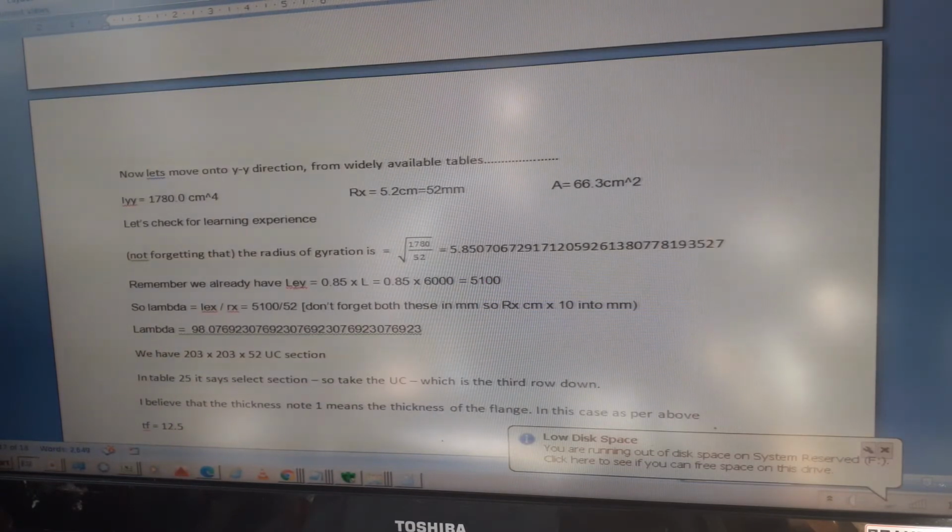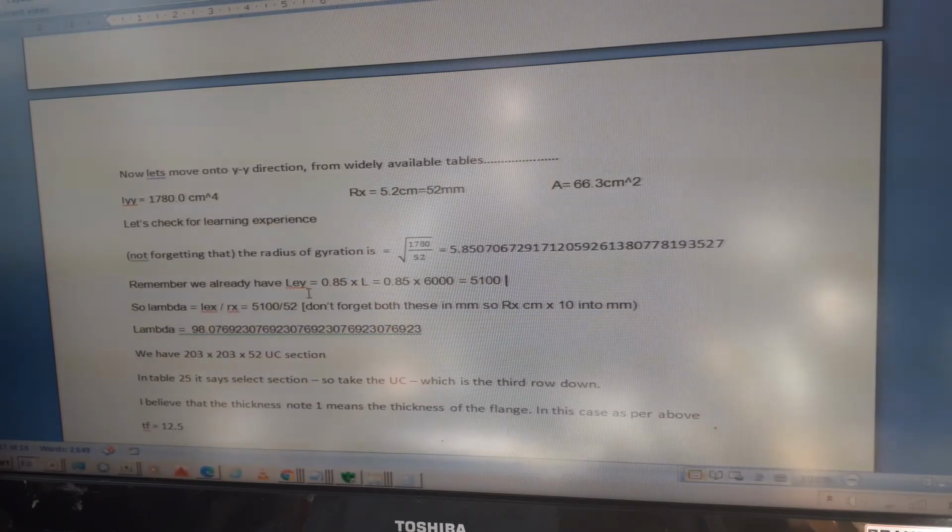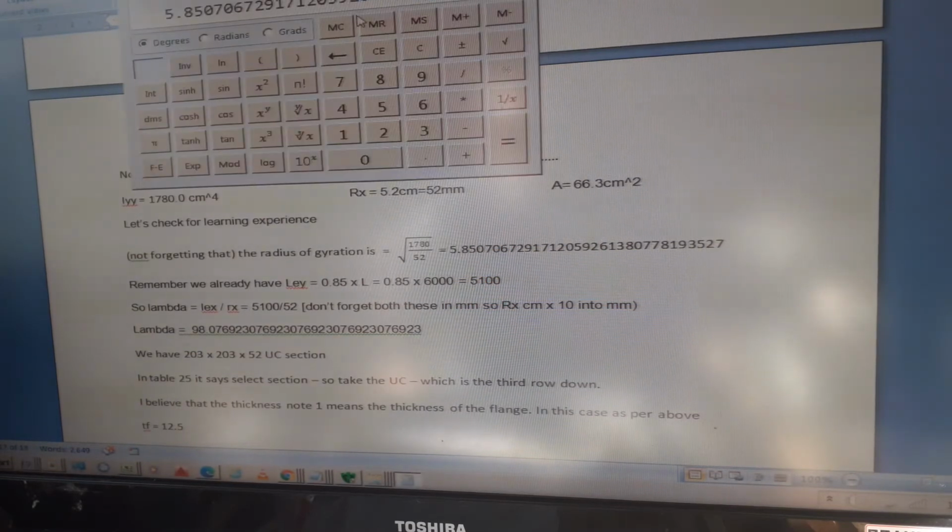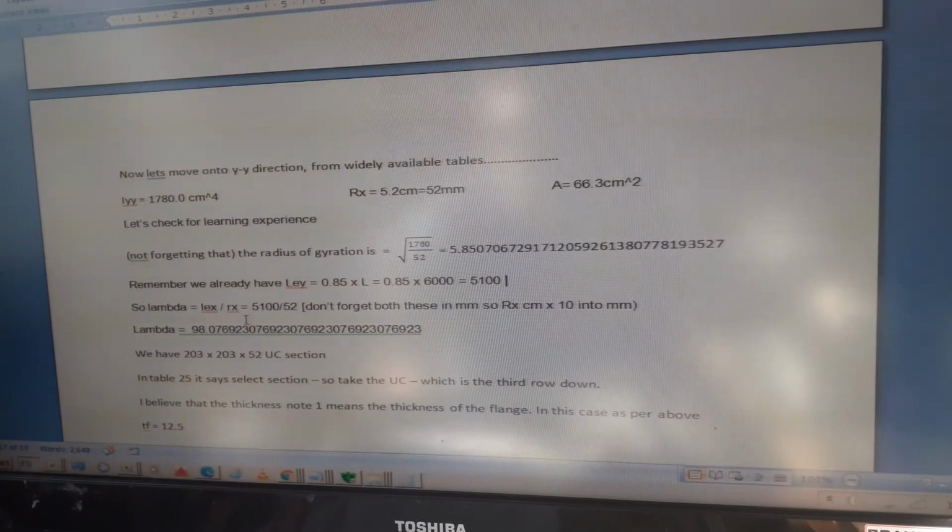So we already have the value of LEY as 0.85 times L, which is 0.85 times 6,000, equals 5,100. So lambda y is LEY over Ry, 5,100 divided by 52.